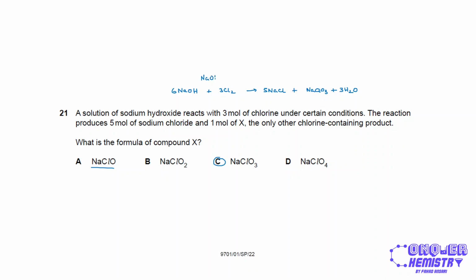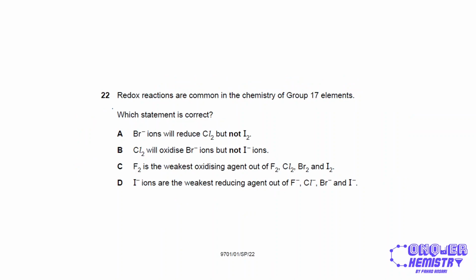That will be NaOH reacts with 1 mole of Cl2. This will give you NaCl, and it will give you NaClO and H2O, and this will be 2 moles of NaOH. This is for cold NaOH, and this is for hot NaOH. All right, so these are the 2 situations covered. So redox reactions are common in the chemistry of group 17 elements.